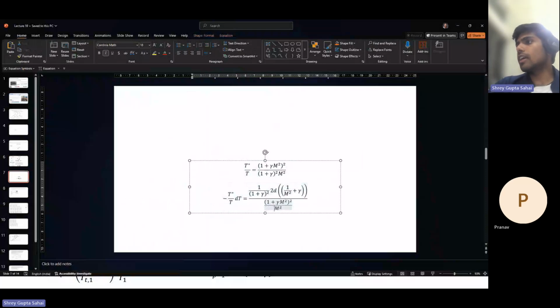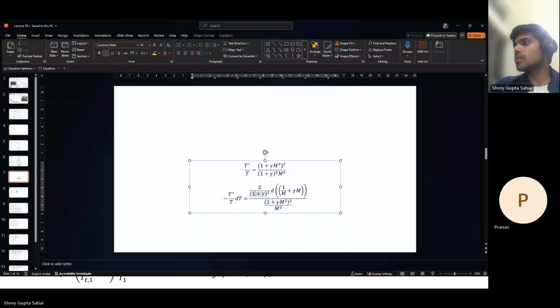How did I come to this expression? There is a Mach square, right? Can't simply just do this. So it'll be 1 by Mach square, Mach plus gamma Mach. This one is fine, no? Do you understand this? This is fine or no?